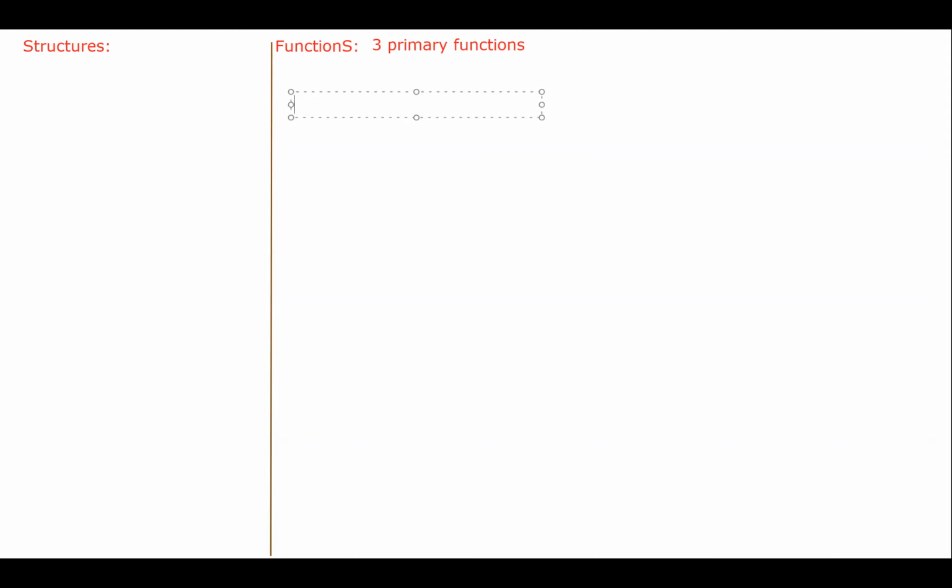The first of those is a sensory function. Sensory function is basically where we perceive information about something. This is where we receive our information, both from the outside and the inside world.